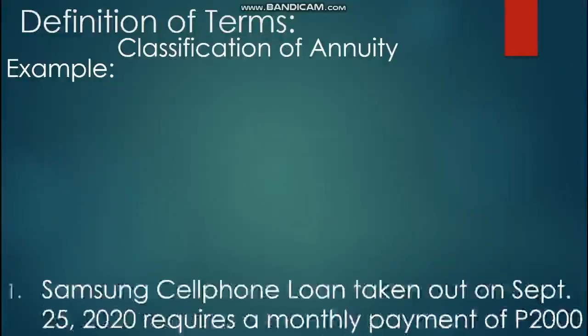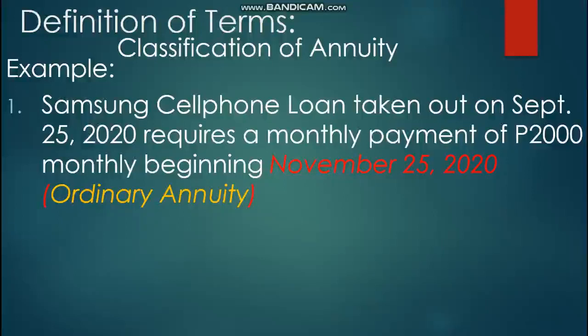So ito pa yung halimbawa. Nag-loan ka, Samsung cellphone loan taken out on September 25, 2020 requires a monthly payment of 2,000 monthly beginning November 25, 2020. So mapapansin mo, yung payment interval mo supposedly is September 25 to November 25. Since nagbayad ka sa last day of the payment interval mo, tatawagin tong ordinary annuity.